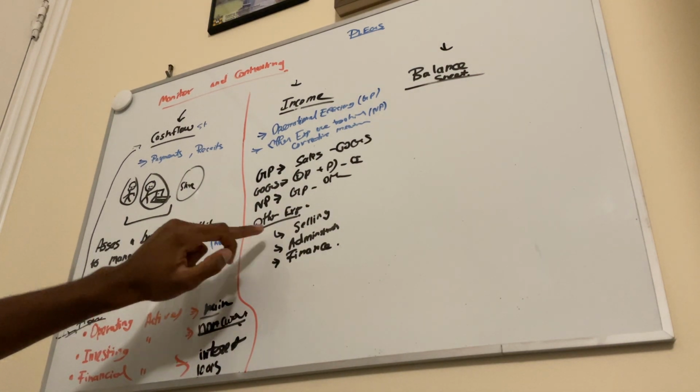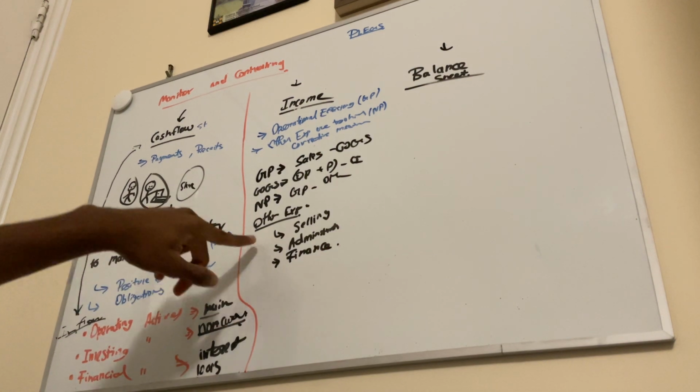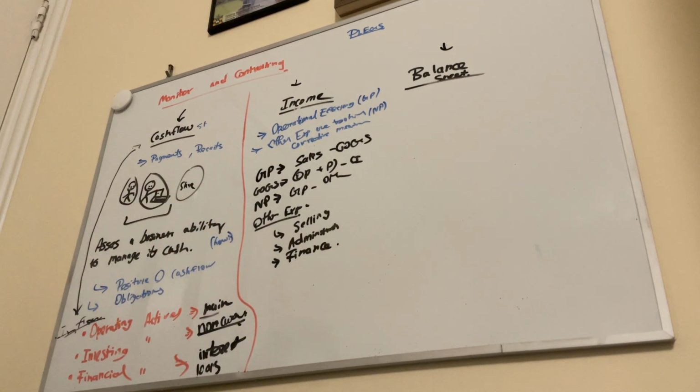Selling expenses are expenses that can be directly attributed to the sales of the good. So these include things like advertising, of course, that's related to selling. They can also include stuff like telephone. Selling can include advertising, telephone, wages. I would put wages down. Wages, salaries, commissions, anything that's related directly to the selling of the good or service.